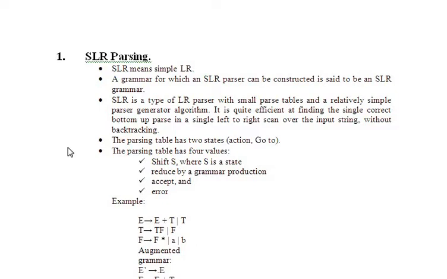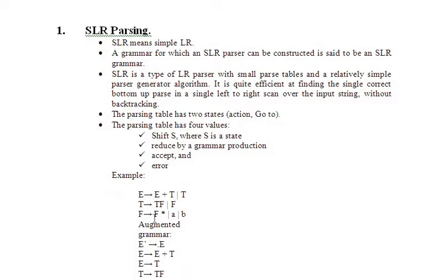Non-kernel items are a collection of items in which dots are at the leftmost end of the right hand side of the rule. So first convert your grammar into augmented grammar. Here I show it with one example. E gives E plus T or T, T gives T star F or F, F gives F star or A or B. This grammar is given.